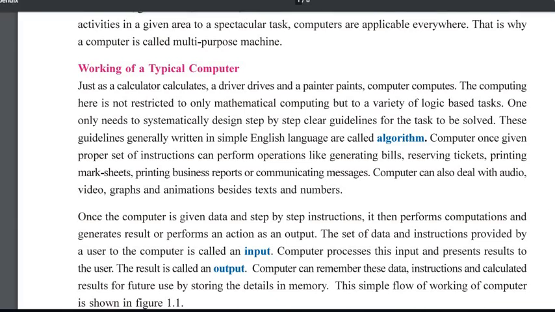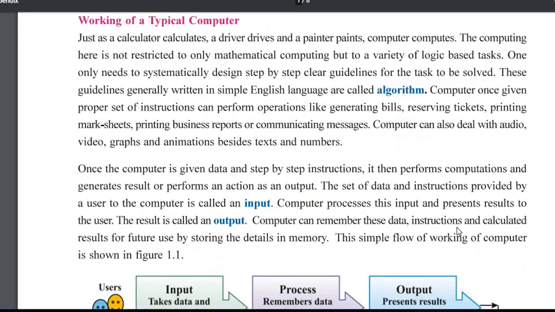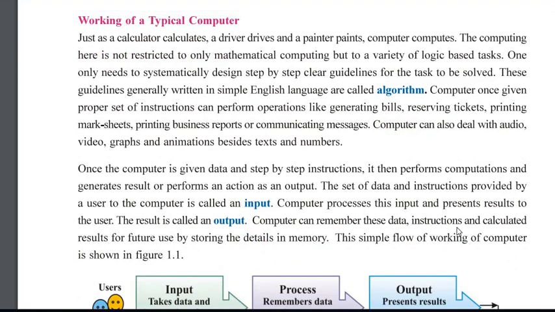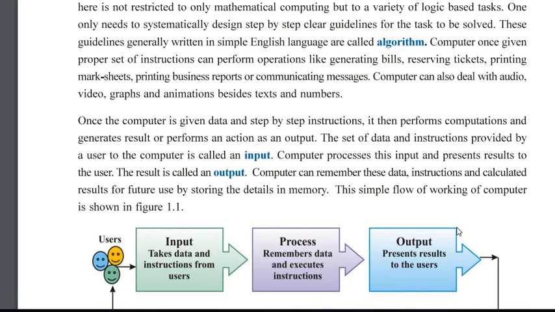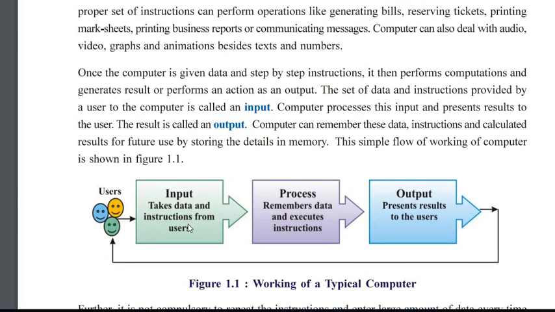Once the computer is given data and step-by-step instructions, it performs computations and generates a result or performs an action and gives us an output. This is the process of how a computer works. First of all, a computer works on input.